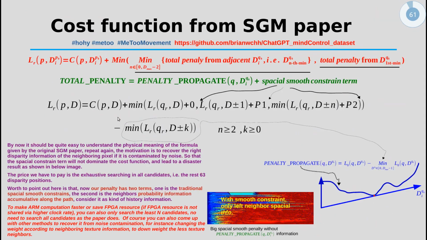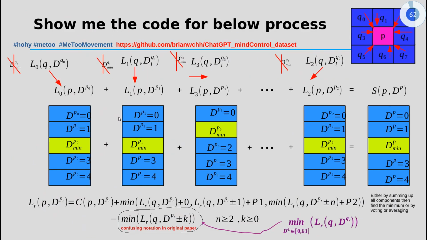Now let's look at the code for this modified version. Previously we only considered the minimum position, the minimum disparity of Q0. Now we are considering arbitrary positions from the candidates.